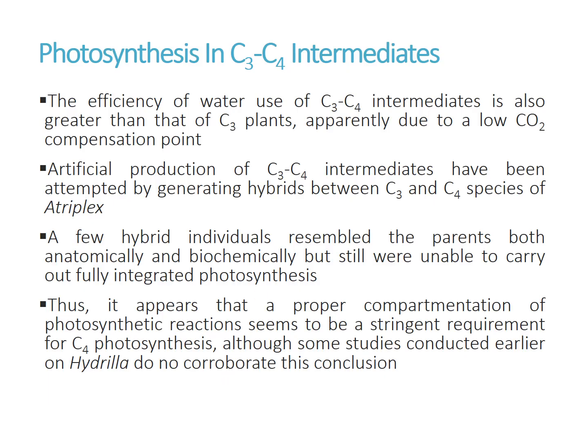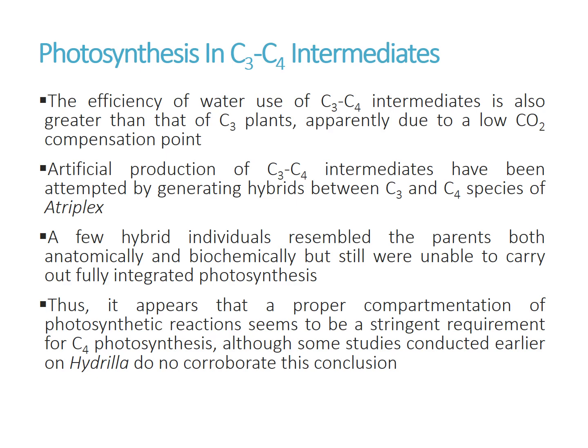The water use efficiency of C3-C4 intermediates is also greater than that of the C3 plants, apparently due to a low carbon dioxide compensation point. Artificial production of C3-C4 intermediates has been attempted by generating hybrids between C3 and C4 species of Atriplex.